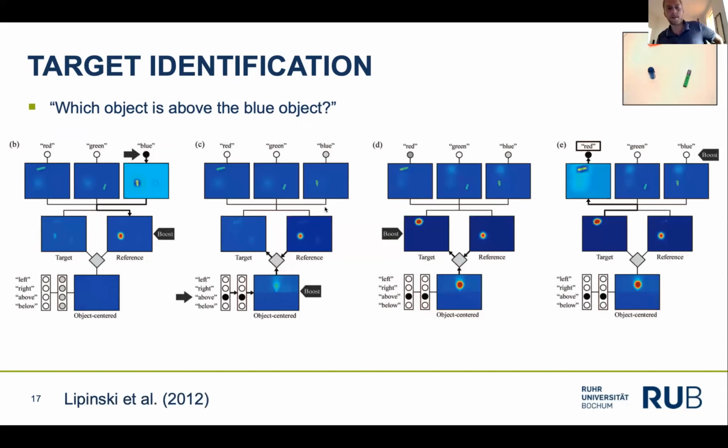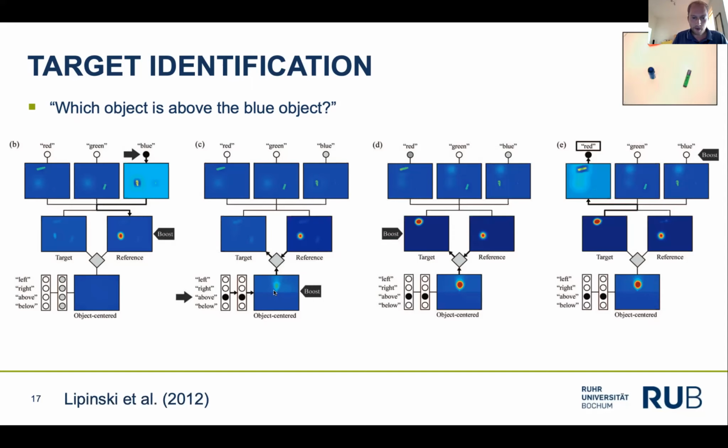And we can solve that problem using the same architecture. The only new thing is that the coordinate transform is bidirectional. So all the connections in the coordinate transform are bidirectional, and therefore, in addition to the previous thing of projecting the target location into a coordinate system that's centered on the reference object, we can do a new thing, namely, we can project a relative location in the object-centered field back into the coordinate system of the visual input.